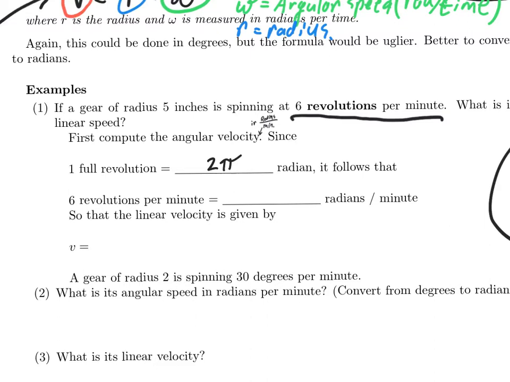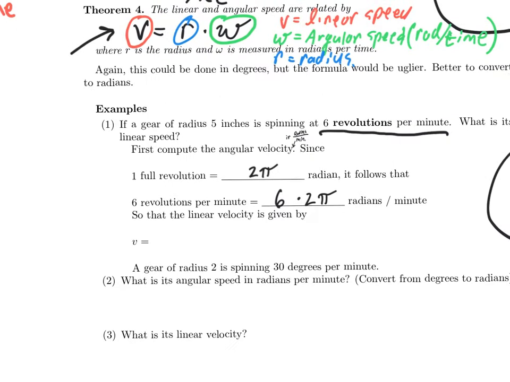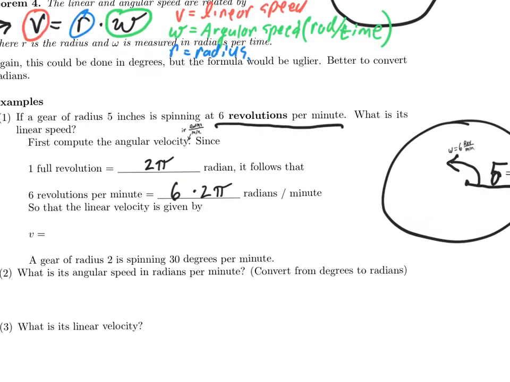So a total of 6 revolutions per minute should be 6 times 2 pi radians per minute. So that tells me that the angular velocity, omega, is 12 pi radians per minute.